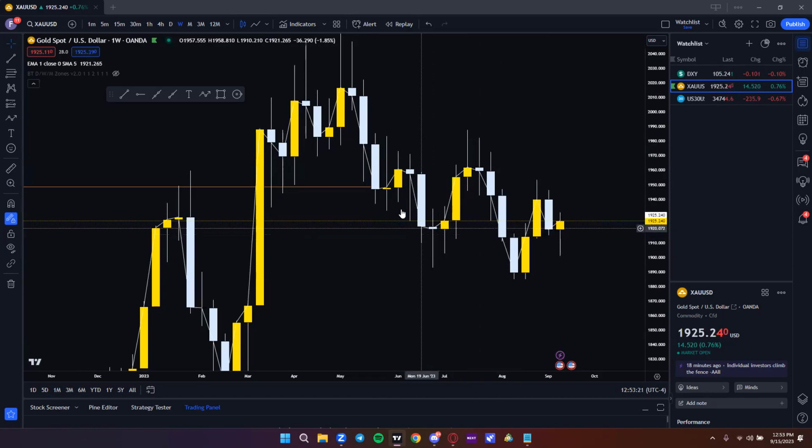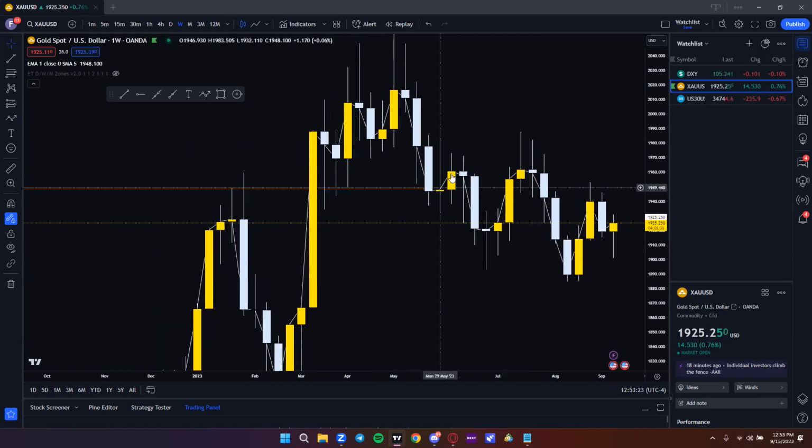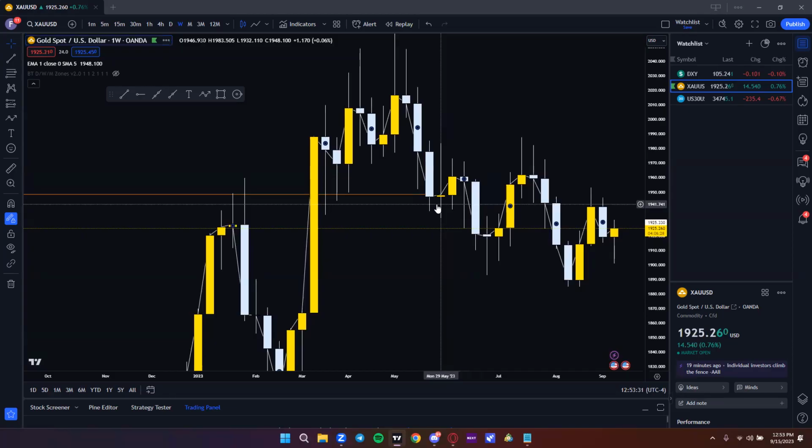It's just that this is a breakout of a key level, and we have this right here. This is a breakout of a key level, and let's just see what information we see on the daily after this breakout using OHLC.